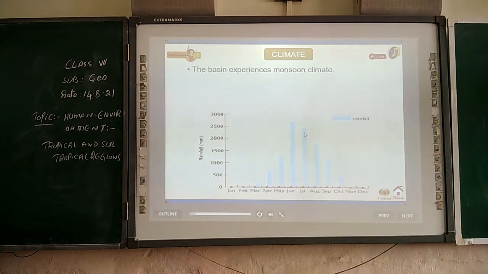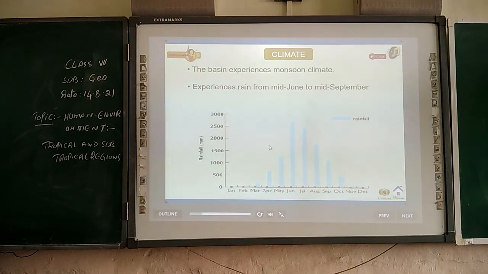The climate of the Ganga-Brahmaputra basin. The basin experiences a monsoon type of climate. It experiences rain from mid-June to mid-September. This is generally the monsoon period.